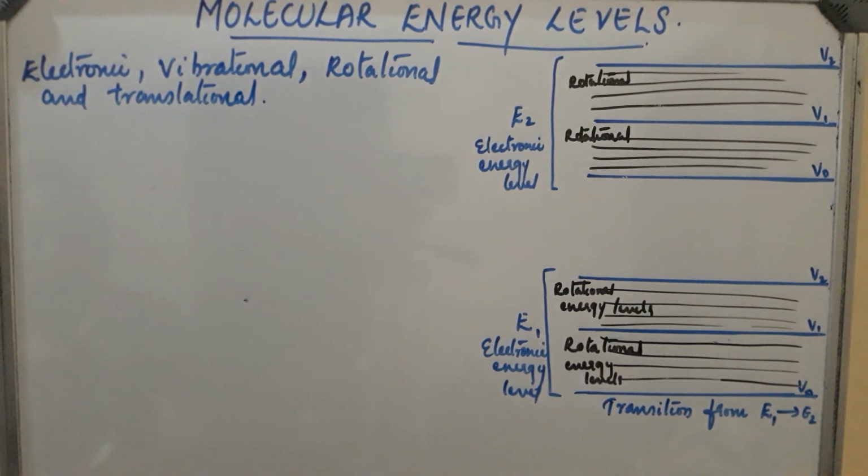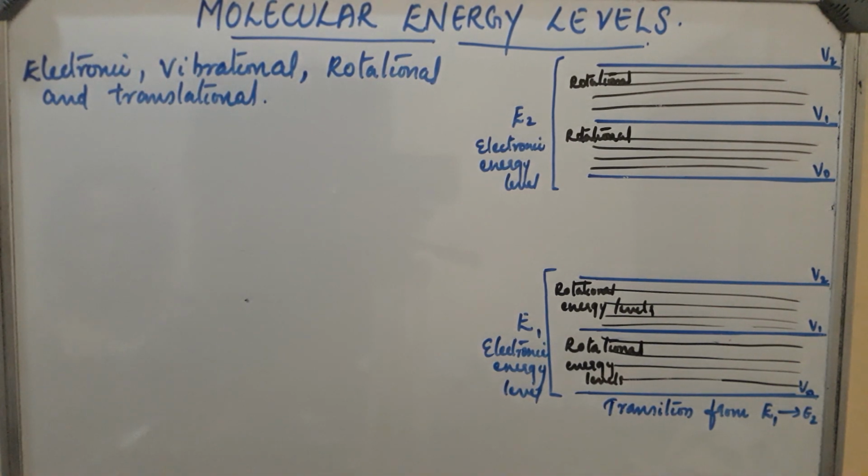The molecular energy levels associated with these energies are called molecular energy levels. Electronic energy levels are the energy levels associated with electronic energy, then vibrational, rotational and translational.